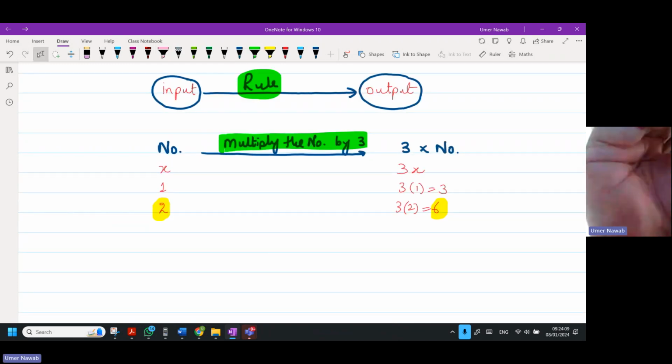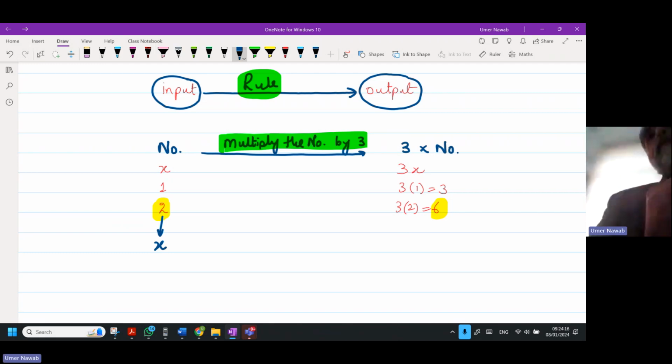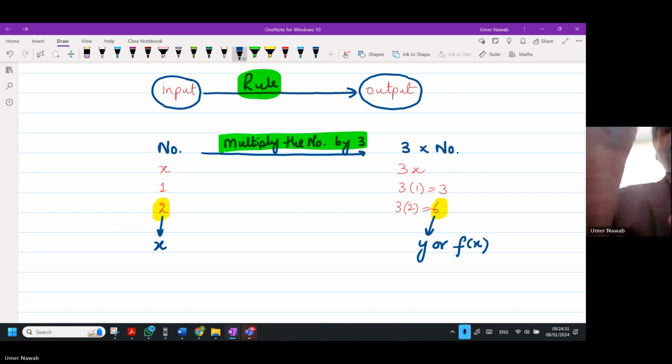In mathematics, input is represented or denoted by x as an independent variable. However, the output is represented by y or f of x. So y represents the dependent variable because it depends upon my input. 6 actually comes from 2.